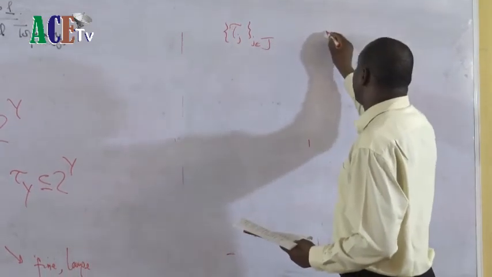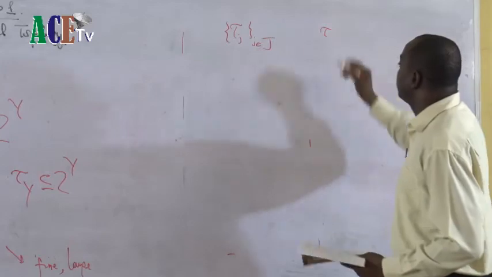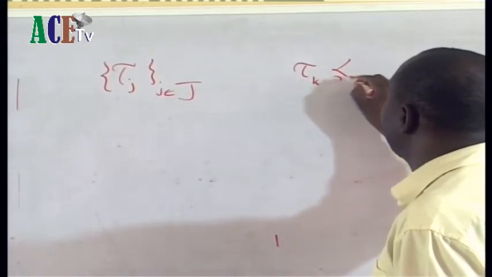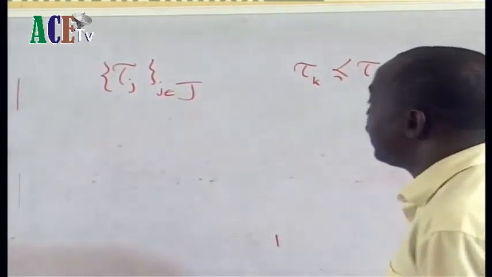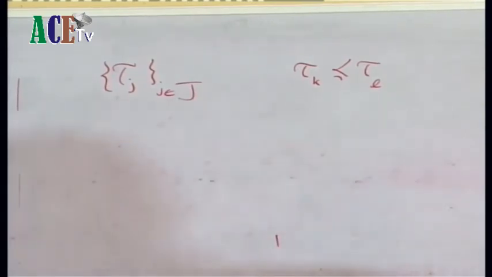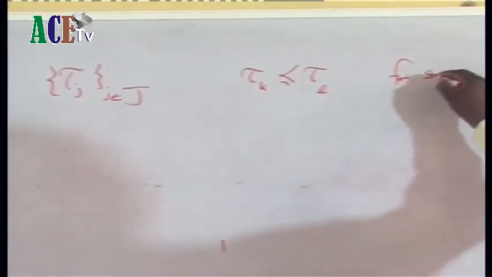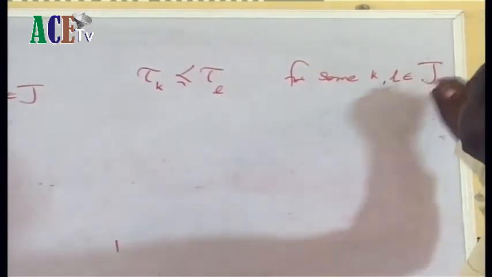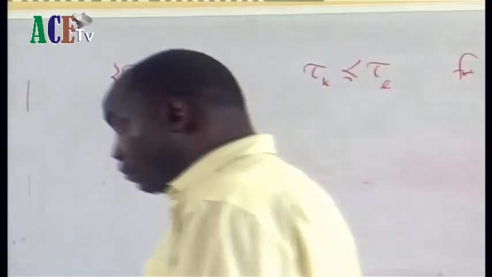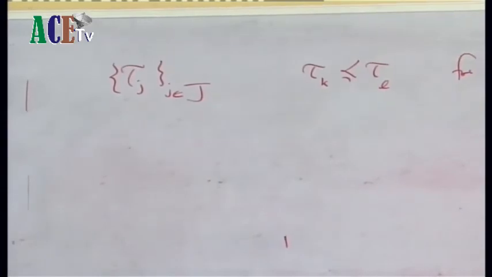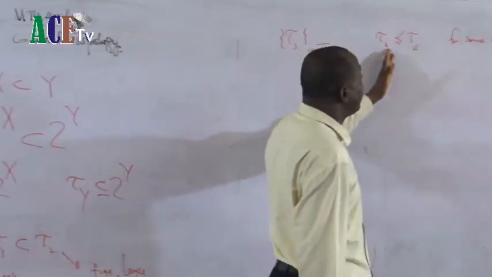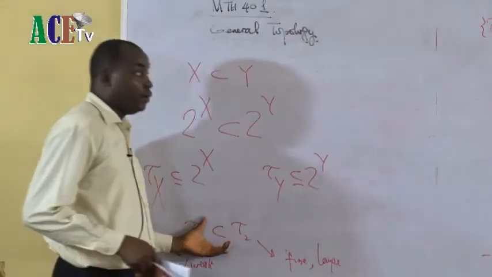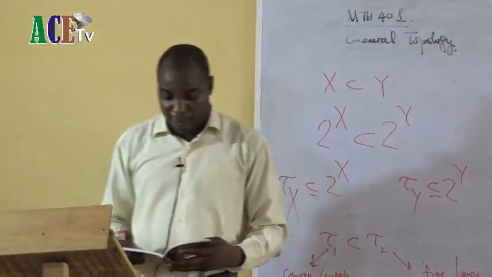So you can say, okay, topology K precedes topology L, for some K, L inside J. So you can have comparison of two topologies. If this precedes this, this is smaller than this. So it's just another way of putting it in this form.